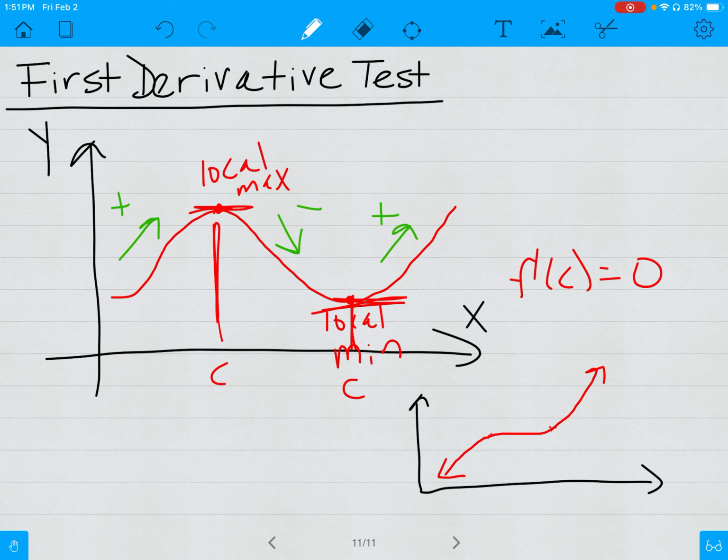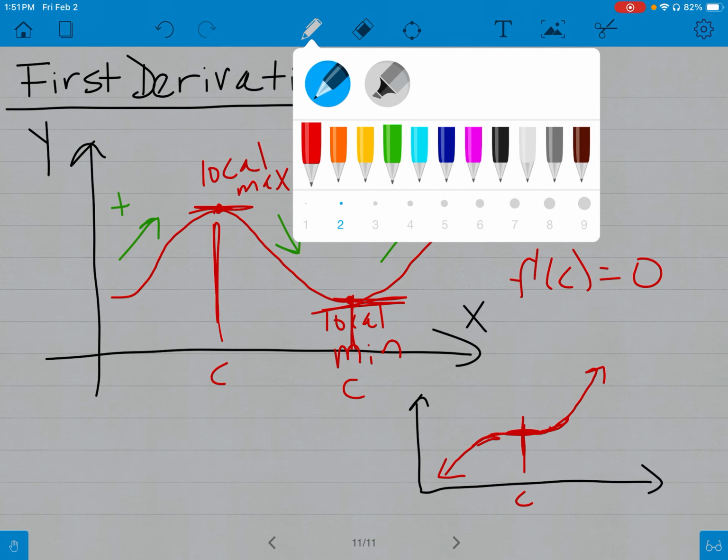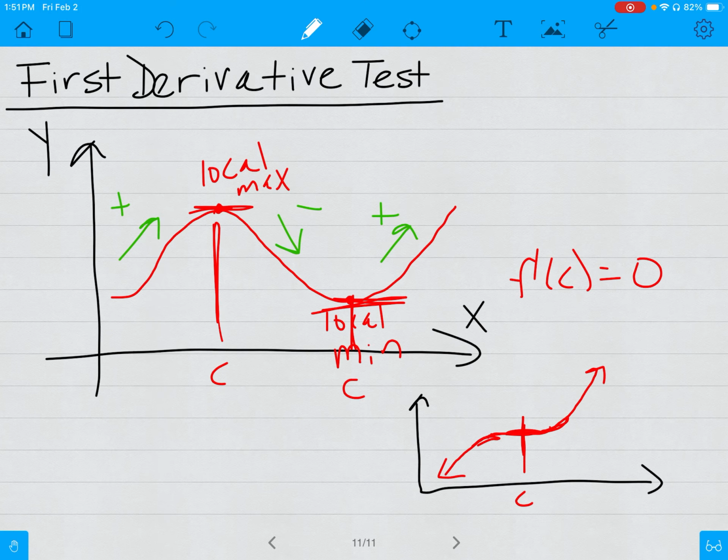Those are not true maximums or minimums because they're not like a single specified point. It's still curving there, right? Curving, curving. And then in here in the middle, we're flat. So here, where we're flat, that's still going to be a critical value. If we were to find the derivative of this function, set it equal to 0, we would still find that we had a critical value there.